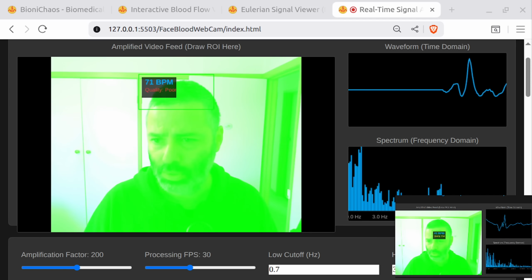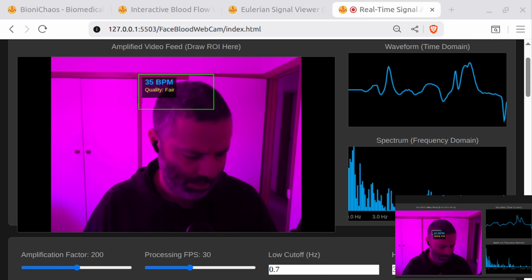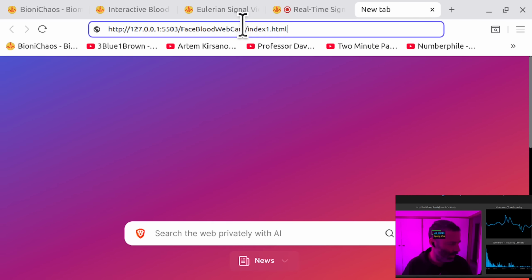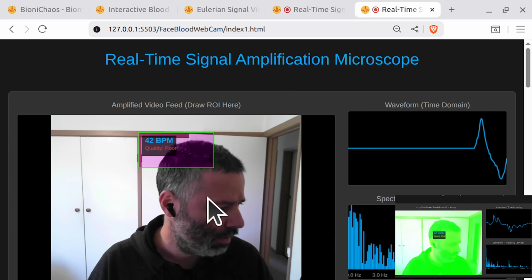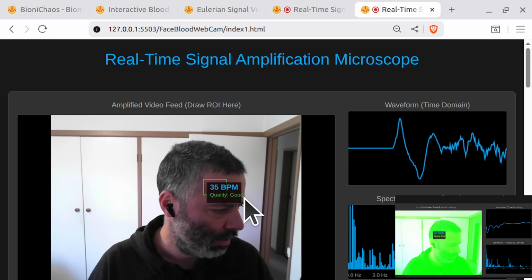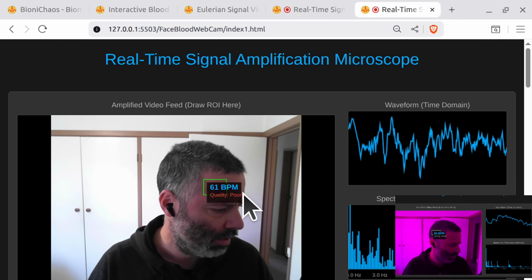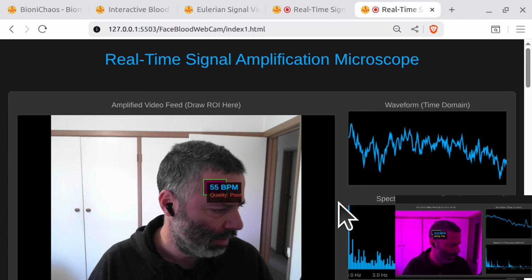Let's see what it does. Okay, so now we have that amplification. Signal quality is good.